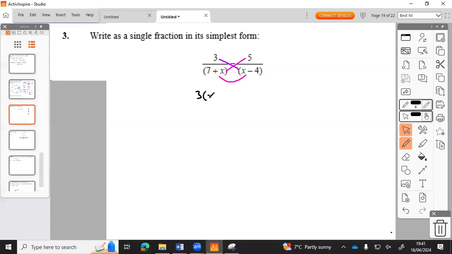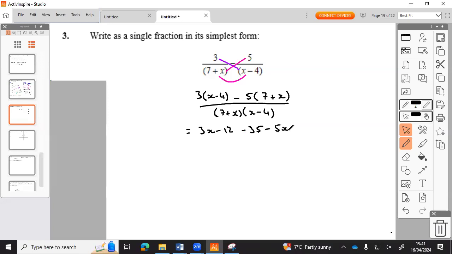So 3 is multiplied by the x minus 4, and minus 5 times the 7 plus x, all over 7 plus x times x minus 4. The top, you need to break the brackets, the bottom you don't. The top, break the brackets: 3x minus 12, minus 35, minus 5x.